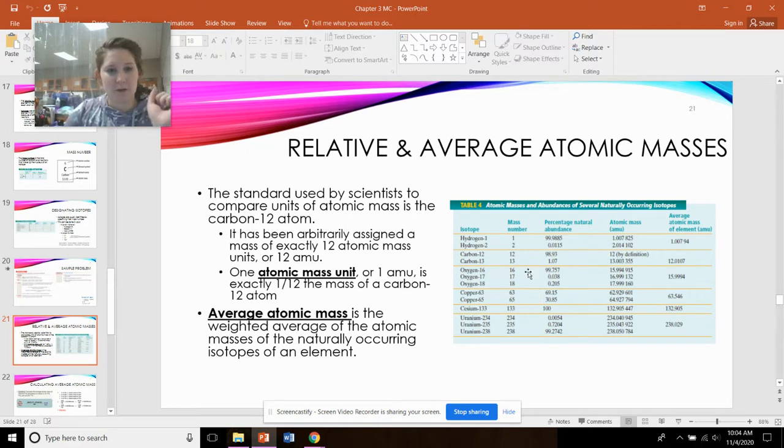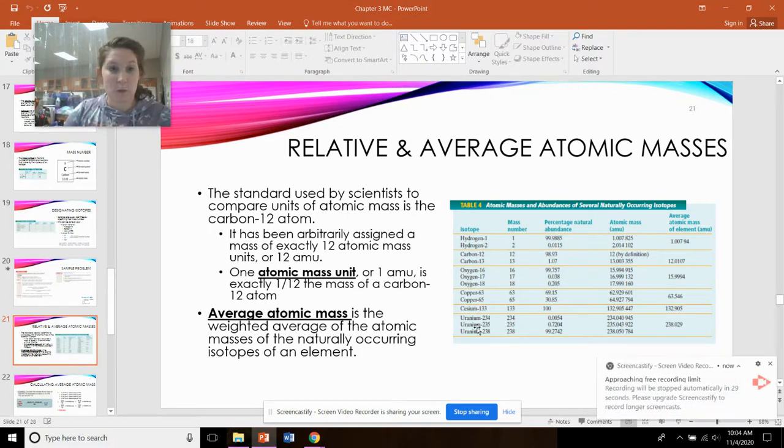And we'll show how to do the math in just a second. But for every atomic mass unit, it's basically one proton or one neutron. They both weigh one atomic mass unit. That's our unit. And the average atomic mass is the weighted average of all the isotopes that exist on the planet. And we'll talk about how to calculate those in the next video.